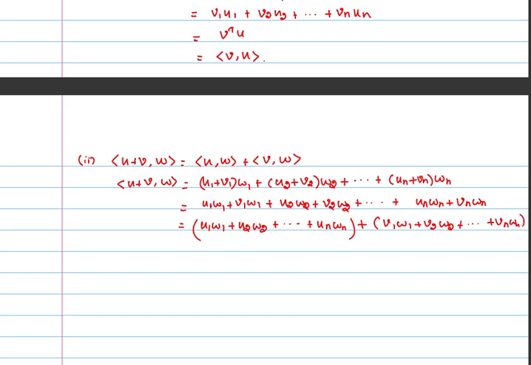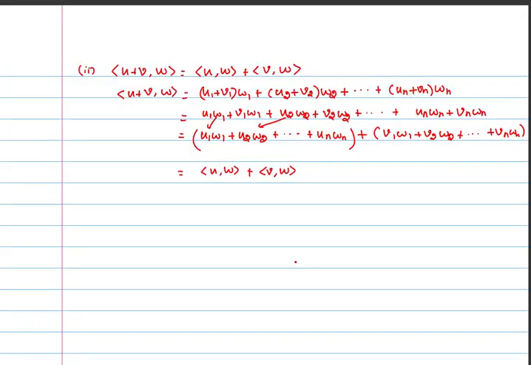This is nothing but the inner product of u comma w plus the inner product of v comma w. So our second condition is satisfied.